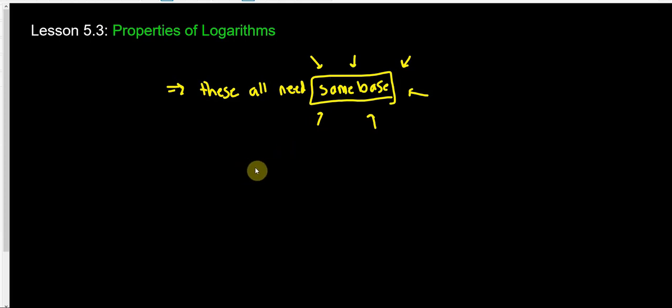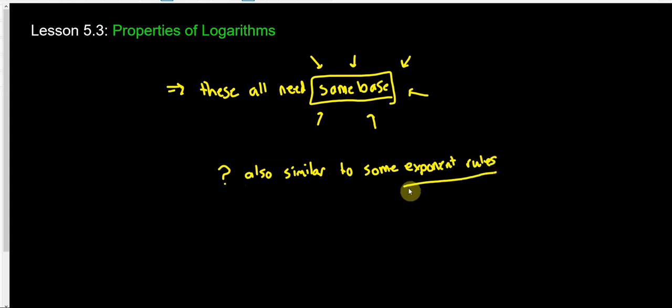Something else to ponder for people who want a little more deeper thought is these rules also seem to be very similar to some of the exponent rules that you have learned in the past. You'll look at it and think, that feels very familiar.